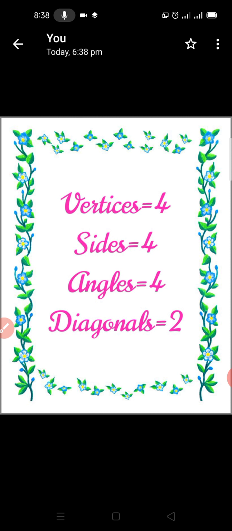Now we will see what is a diagonal and how many diagonals are there for every quadrilateral. Look at the given picture here. Quadrilateral ABCD. Here we know that A and B are 2 vertices which are adjacent to each other. BC also adjacent to each other. CD also adjacent to each other.